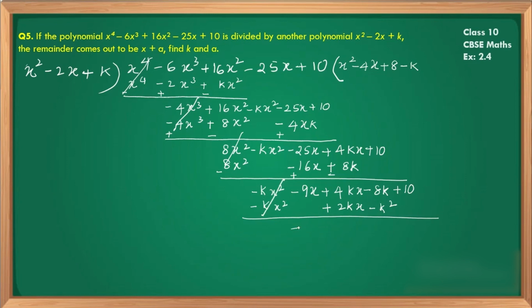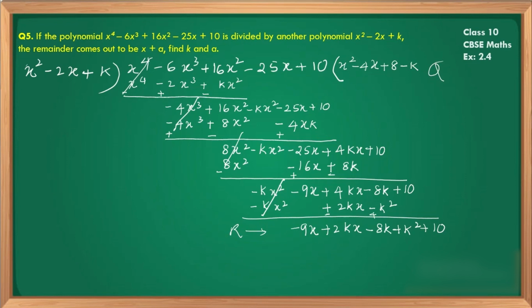Here you get minus 9x, and this is now minus sign. 4kx minus 2kx gives you plus 2kx, and these two are unlike terms, write down minus 8k, and this becomes plus, therefore it is plus k square plus 10. Further division is not possible, therefore what we do, we assume that this is the remainder and this is the quotient.